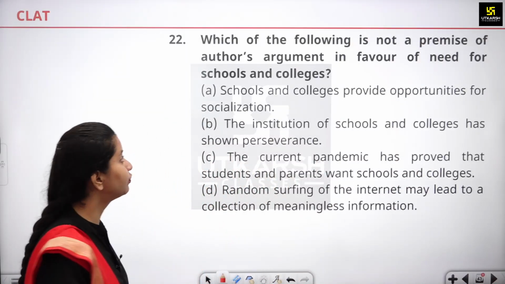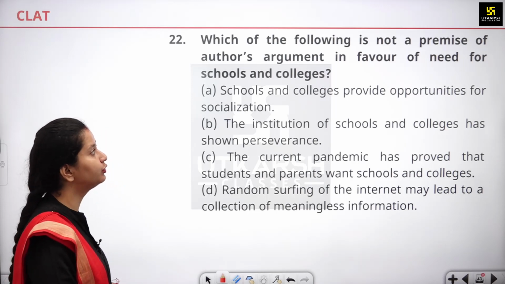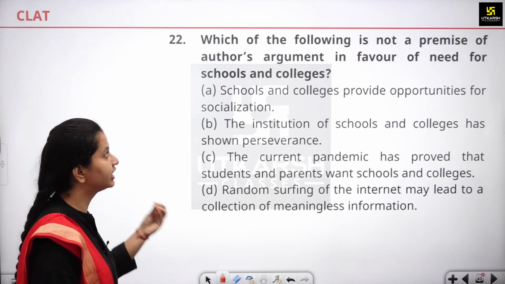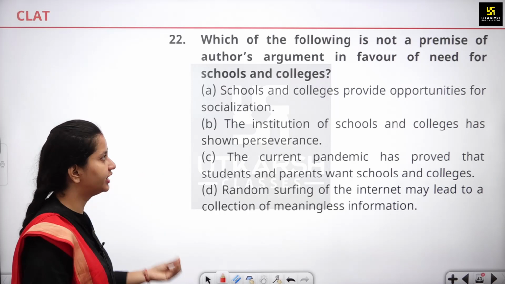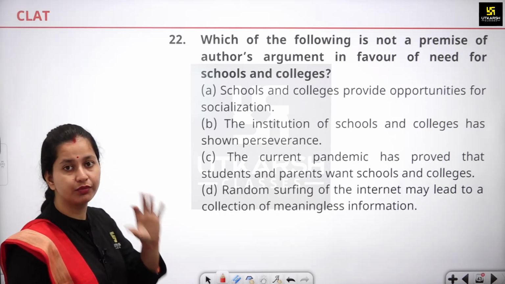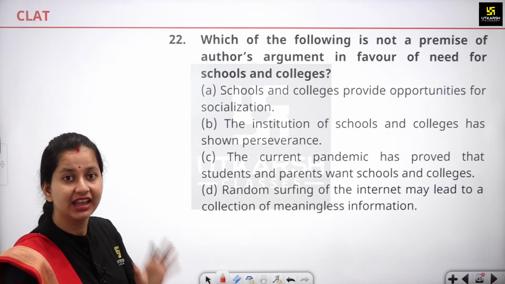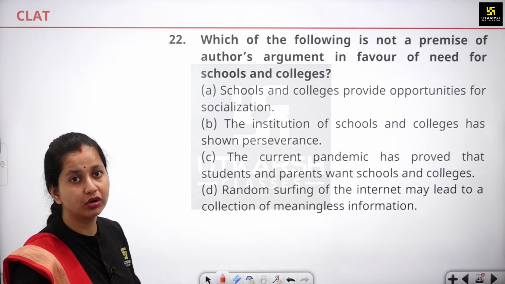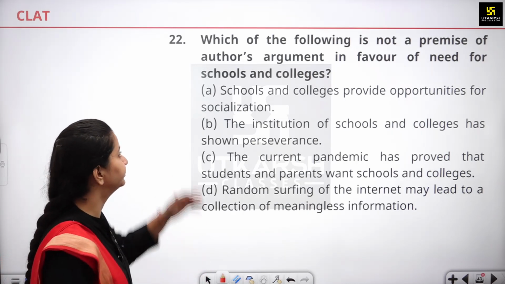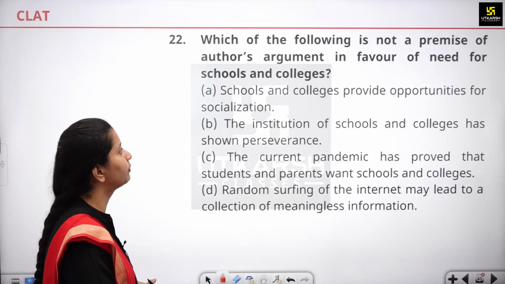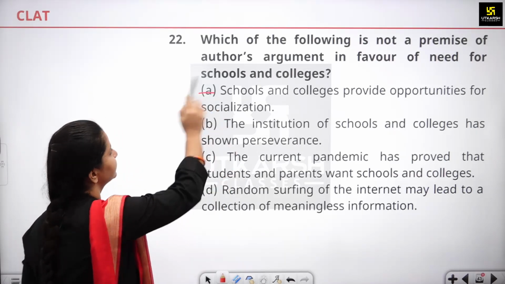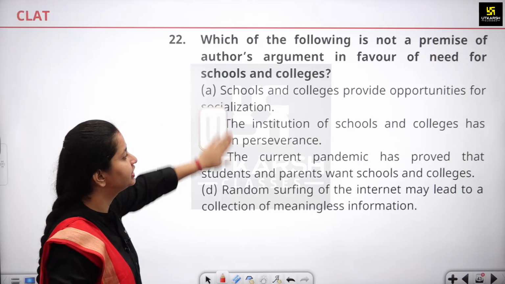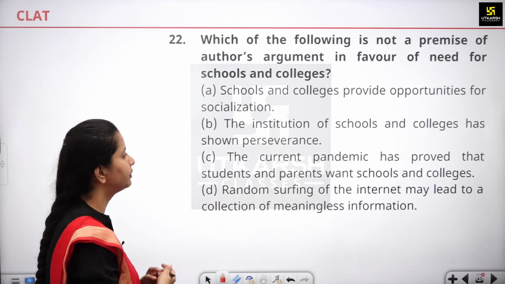Next question, which of the following is not a premise of the author's argument in favor of the need of schools and colleges and education? So यहाँ पर वो किसके फेवर में नहीं है, ऐसा कौन सा स्टेटमेंट है जो स्कूल और कॉलेज के फेवर में नहीं है? Schools and colleges provide opportunity for socialization, this is in favor. The institution of schools and colleges has shown perseverance.